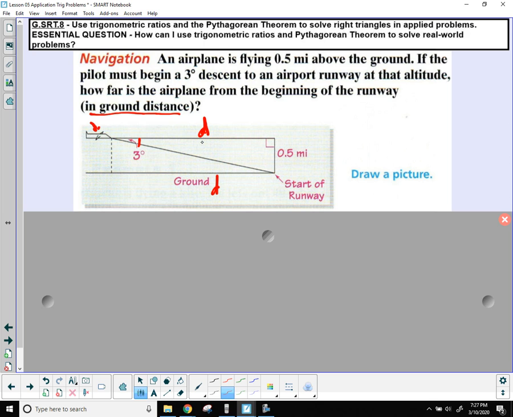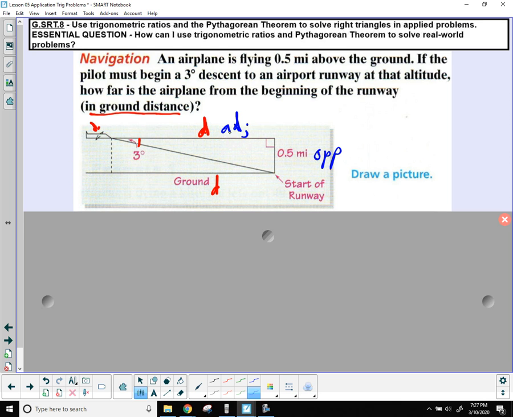So with that being said, if I focus on this tiny 3 degrees, 0.5 is going to be the opposite side. And distance here would be the adjacent side.